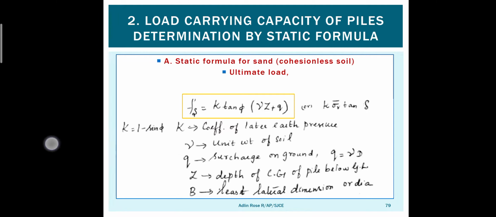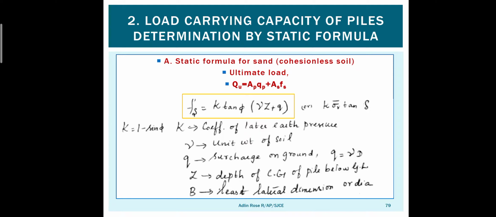Okay, so the static formula is different for sand and it is different for clay. For sand, the ultimate load is given by the same formula, Qu = Qp Ap + As fs, and here fs is given by K tan phi gamma Z plus q, where K is the coefficient of lateral earth pressure, given by the formula 1 minus sin phi. Phi is the angle of internal friction because it is a sandy soil, gamma is the unit weight of the soil, and Z is the depth of the center of gravity of the pile from the ground level.